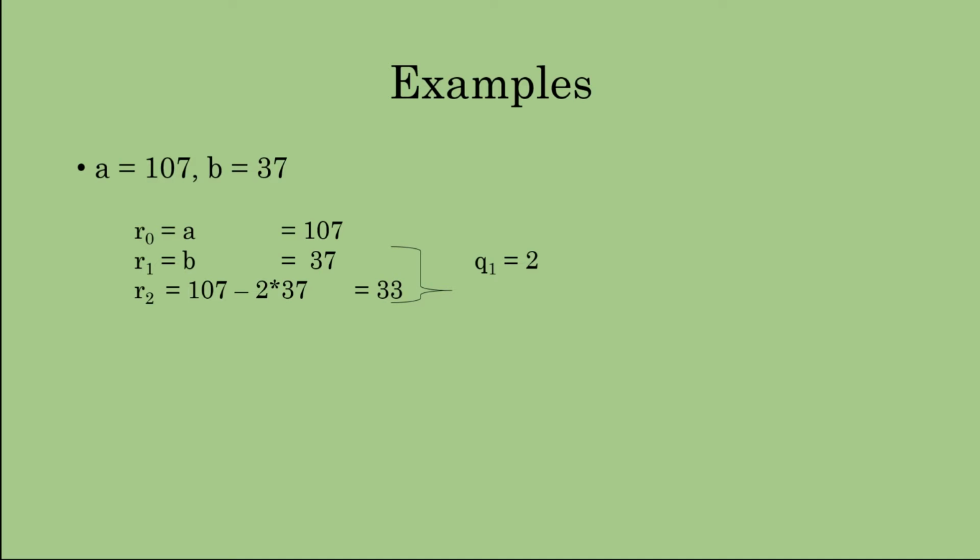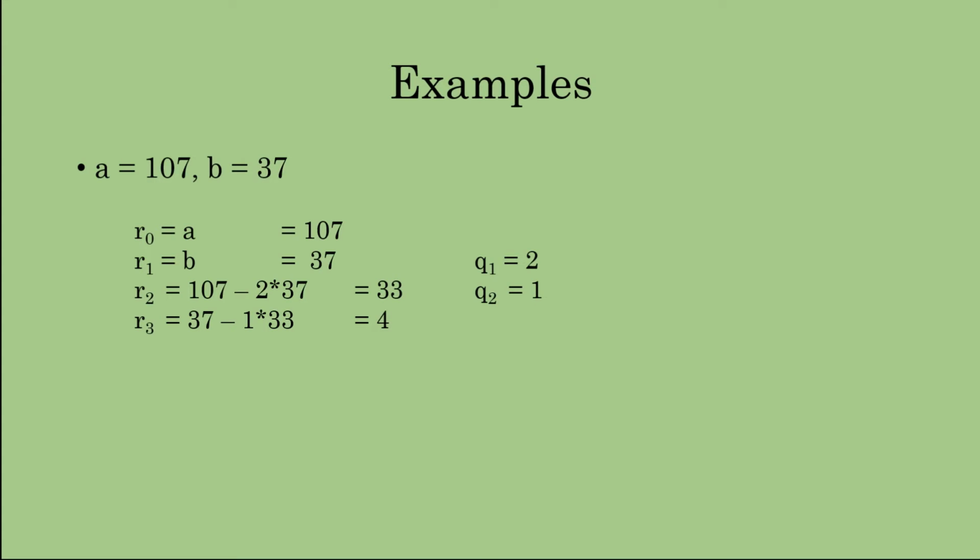Then we continue this process and ask, what is the largest multiple of 33 that is less than 37? That's just the multiple 1 times 33. So Q sub 2 equals 1.